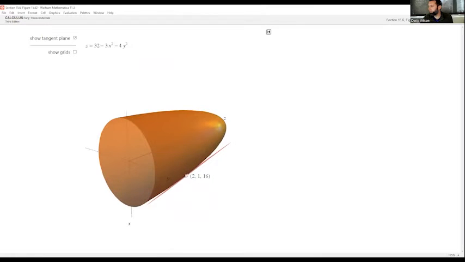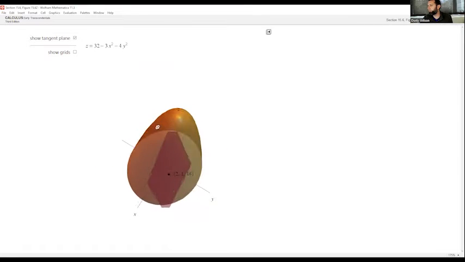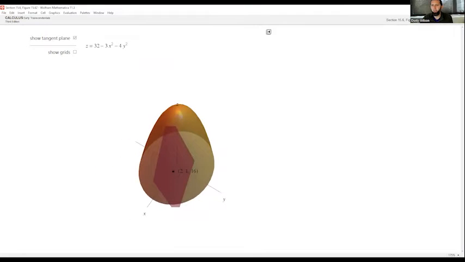It perfectly captures the slope in all directions right at that one point. So you can imagine those little unit tangent vectors in all directions at the point would all be on this tangent plane.